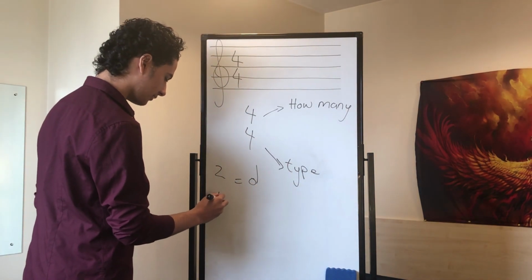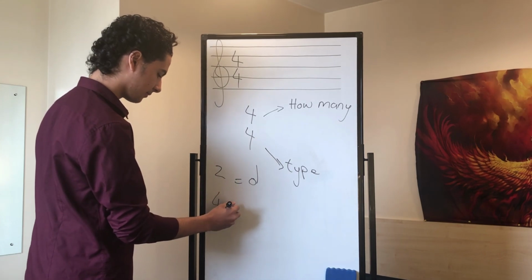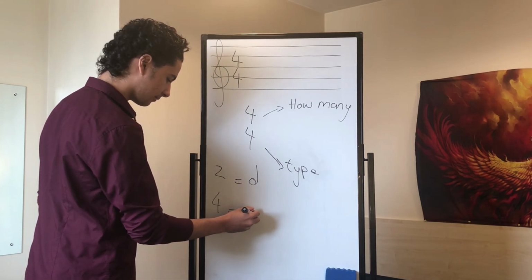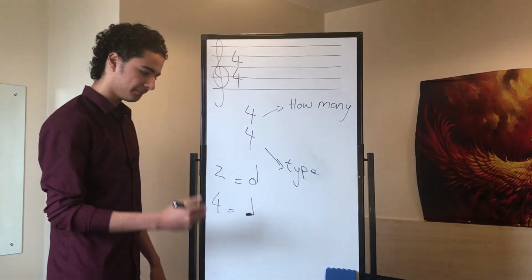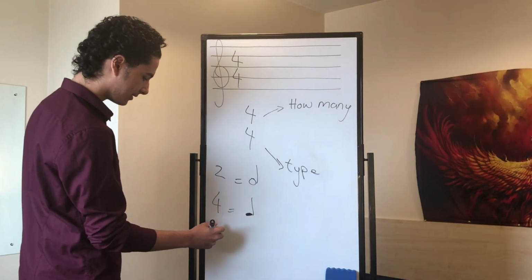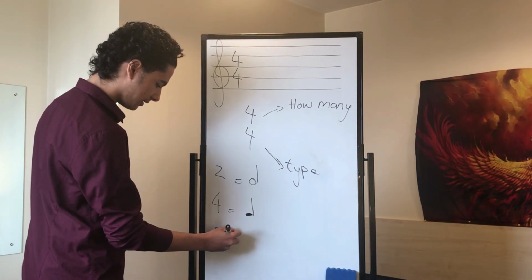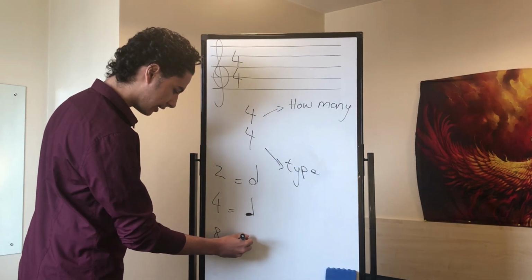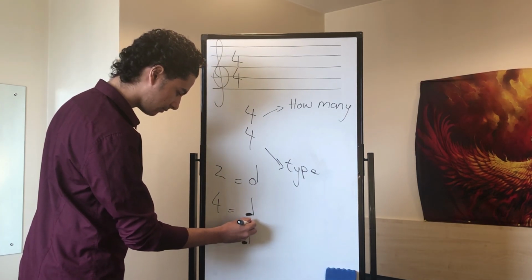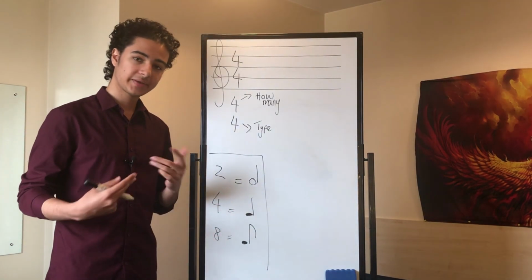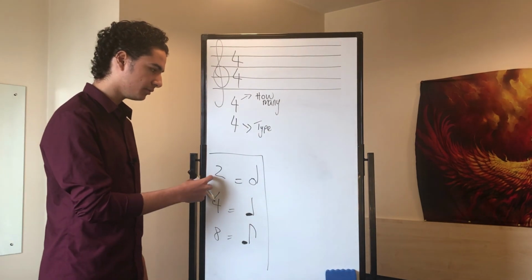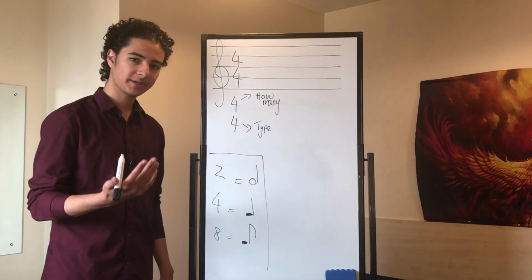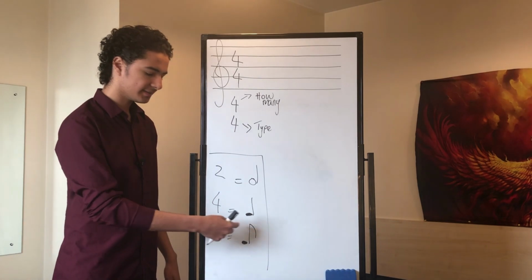Then you have 4, which is what we see over here, and that corresponds to a crotchet beat. And the last common one that you'll see is an 8 as the bottom number, and that corresponds to a quaver. So these are figures that you just have to remember. It's very, very easy. 2 in the bottom number refers to a minim, 4 is a crotchet, 8 is a quaver.